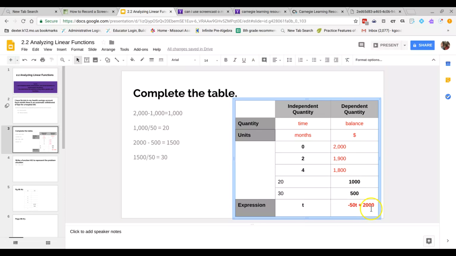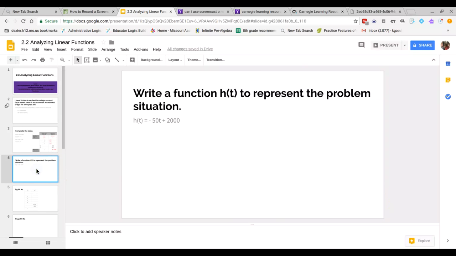There is your expression: negative 50t plus 2,000. Okay. The next says, write a function h of t to represent this situation. Well, you already have your expression, so you just need to write h of t equals negative 50t plus 2,000. So that is our function.